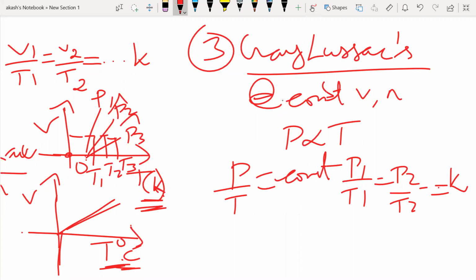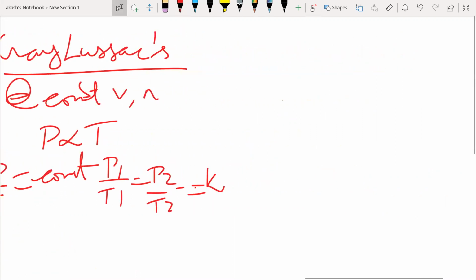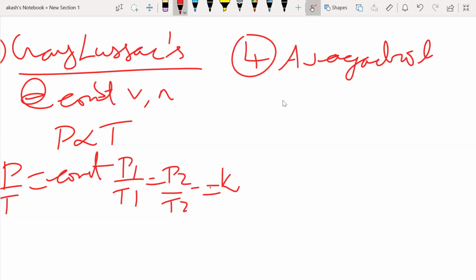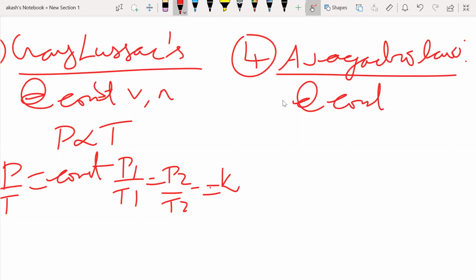And lastly, the fourth law for gases is Avogadro law. So Avogadro law at constant pressure and temperature, the volume is going to be directly proportional to the number of moles.